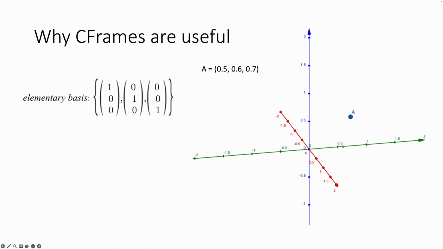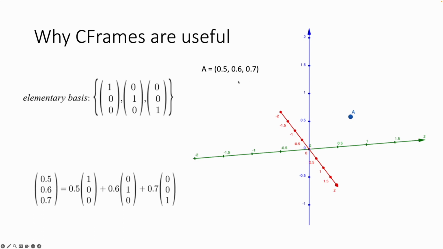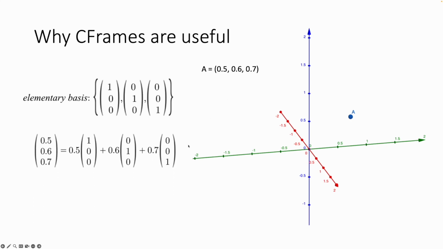For example, if we have this elementary basis, which is depicted right here, we have our first vector, which is our look vector, which is 1, 0, 0. Our up vector would be 1 in the y direction, so that would be upwards. And let's say our right vector is 1 in the z direction. We would be able to describe this vector, which is A, by a certain number of each of our elementary bases.